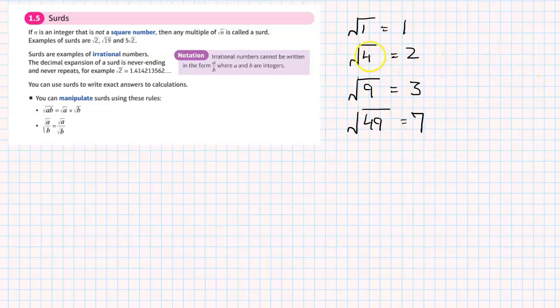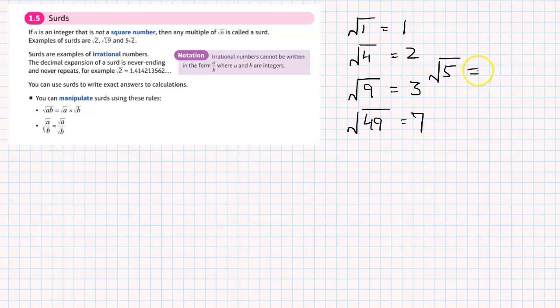Now, if I write root 5, definitely your answer is not going to be a whole number. It will be a decimal number.